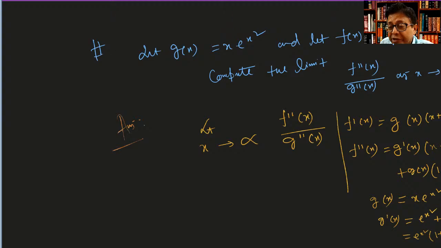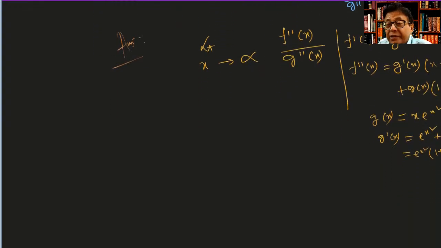Will you proceed or you will think different manner? g double dash x will be 1 plus 2x square and then again 4x. Everything is found out over there. g dash x, g double dash x, everything you got there. If you put it there, it will come definitely.